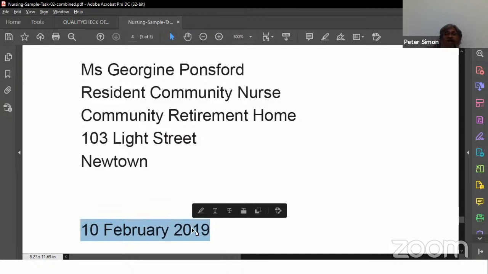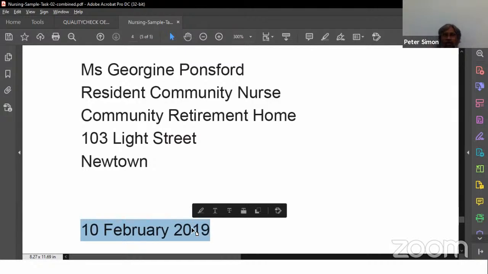Many people say the date can be written in any format. 10/2/2019. What is it here? Is the month written in word format or digital format? Follow that. Don't listen to me.